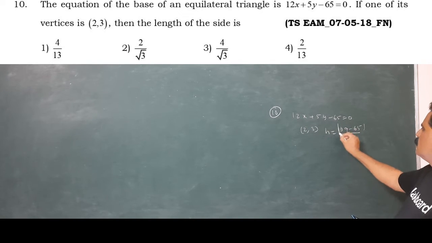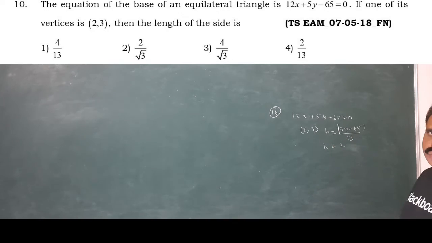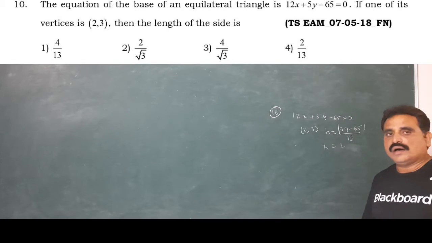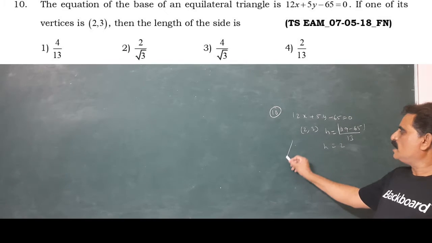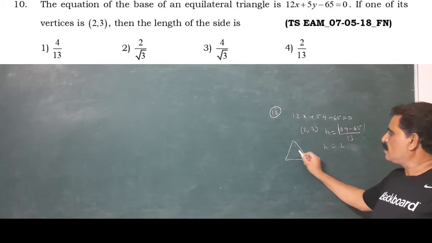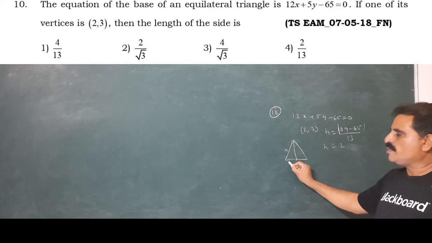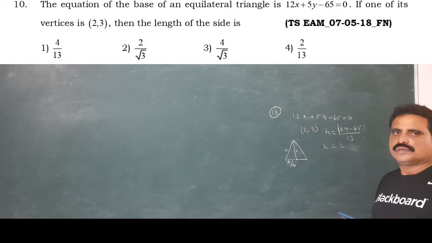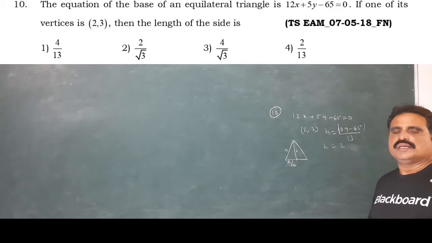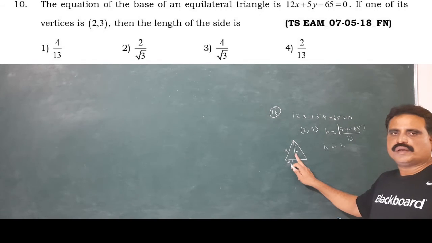That means 39 minus 65, that is minus 26, modulus, by 13, so h equal to 2. Now, the height of an equilateral triangle is given. How to find the side of an equilateral triangle? It is a by 2, it is height, Pythagoras theorem: a square minus a square by 4 equal to h square.